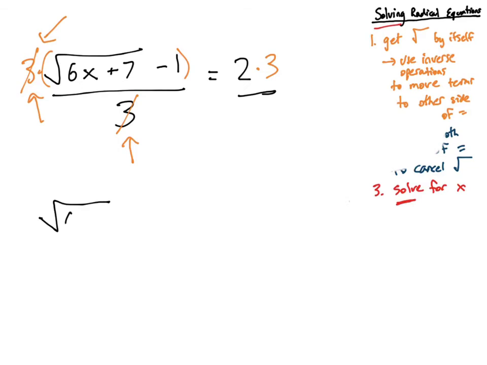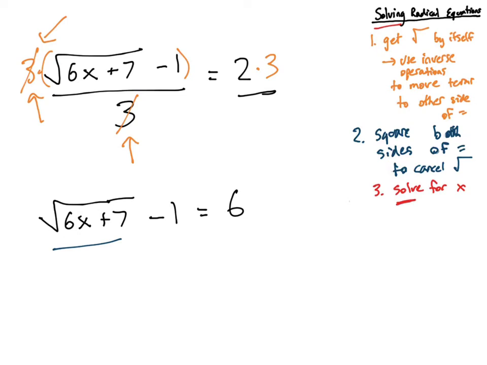So we got rid of our fraction, and we still have square root of 6x plus 7 minus 1 is equal to 2 times 3, which is 6. Now there's another term outside of our square root that we're going to need to move over to the other side of our equal sign before we can deal with what's inside the radical.